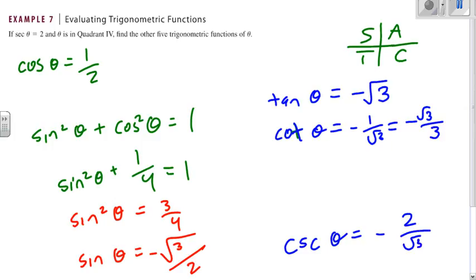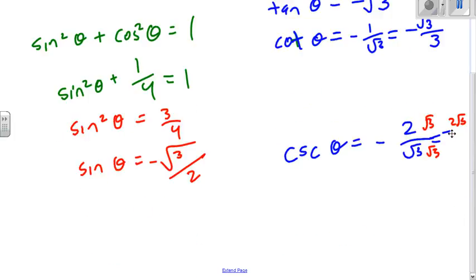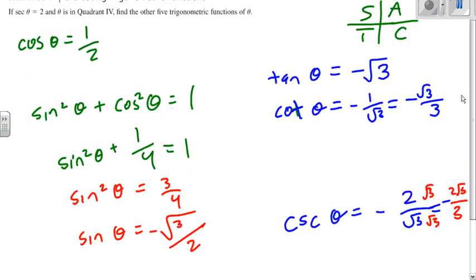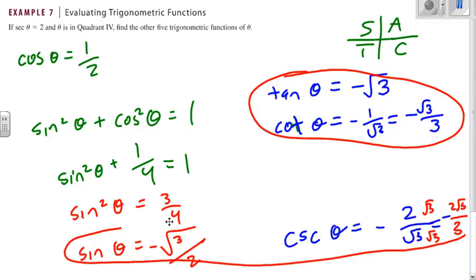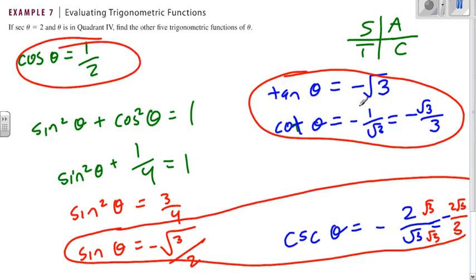So that's going to be negative 2 over square root of 3, which would be multiplied by square root of 3 on top and bottom. Square root of 3 over 3. So we got our other 5. There's tangent and cotangent, sine and cosecant, and cosine.